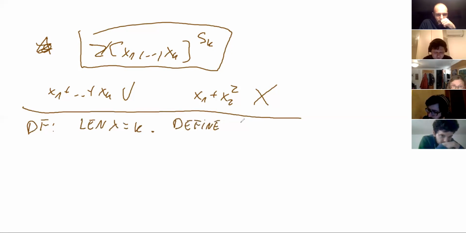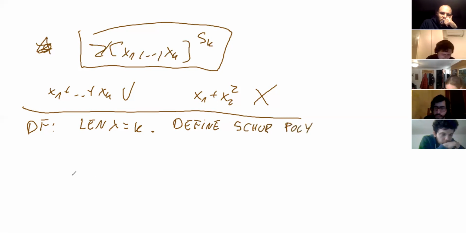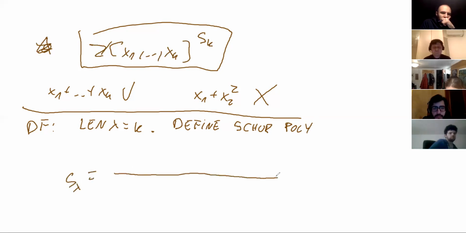Define the Schur polynomial s lambda as a quotient. It's a polynomial, but it happens to be also a quotient of two polynomials. Sometimes a polynomial is divisible by another polynomial; it happens rarely, but sometimes.